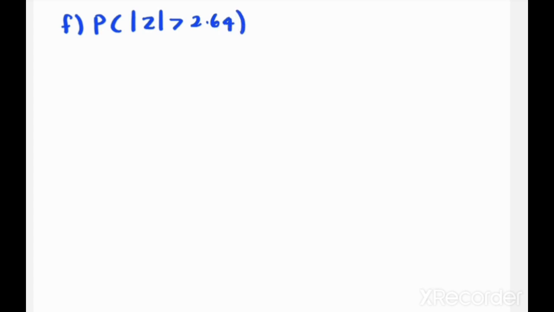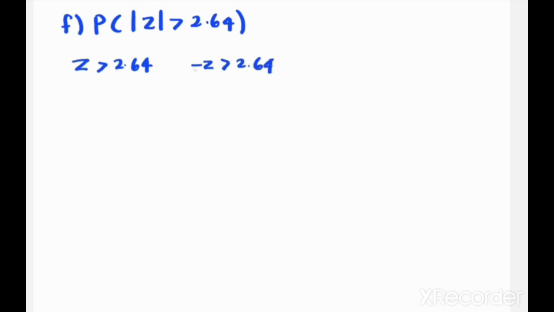Okay, F, we got P(|Z| > 2.64). This is an inequality that has a modulus, which we already learned before in semester 1. When there is a modulus and greater than, it means that when you open the modulus, there are two values. One is positive, Z greater than 2.64, and another one is negative Z greater than 2.64.